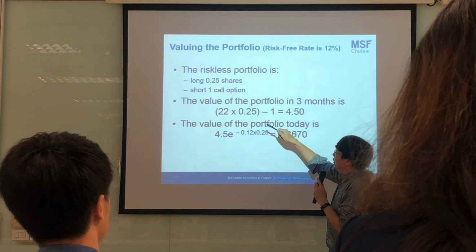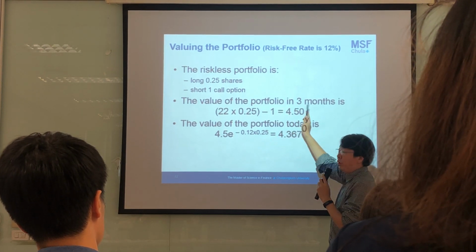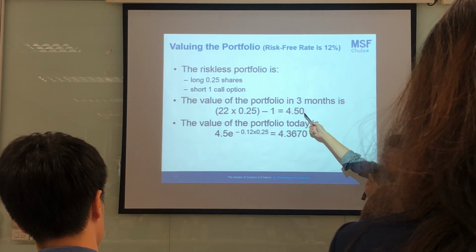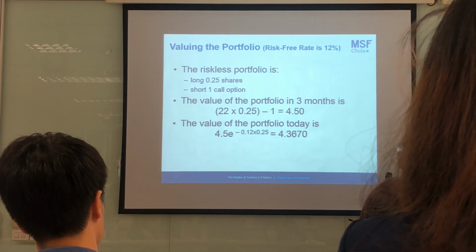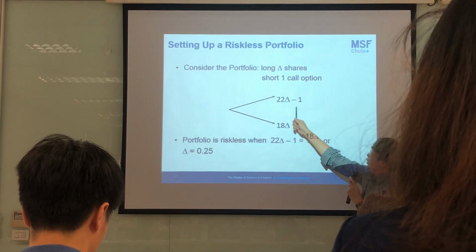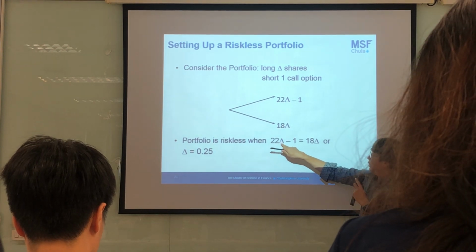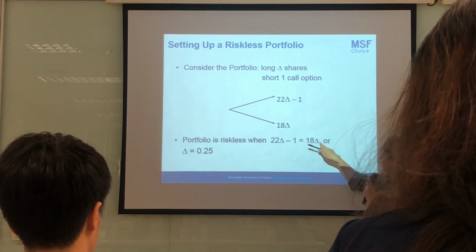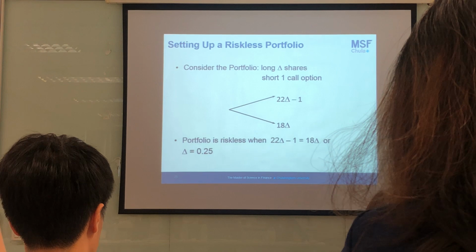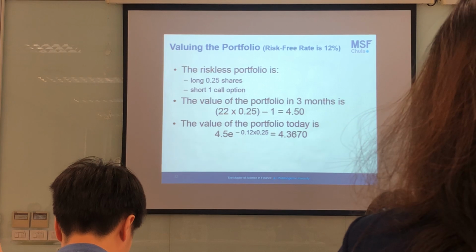You can use the up node or the down node, it's just the same. If you use 18 multiplied by delta, you get 4.5. You just substitute delta, 0.25, and you get 4.5 as well. So this is the portfolio value at maturity, at the expiration.